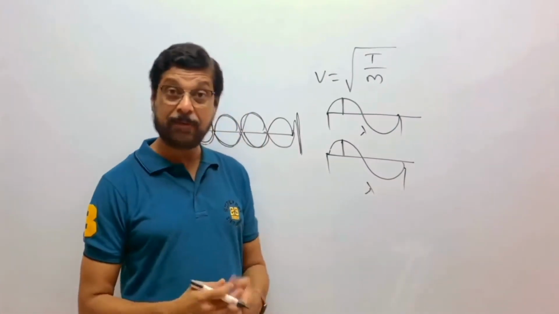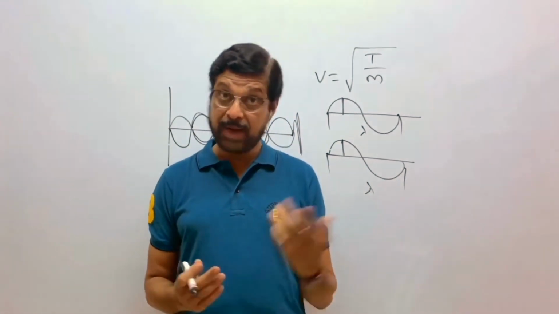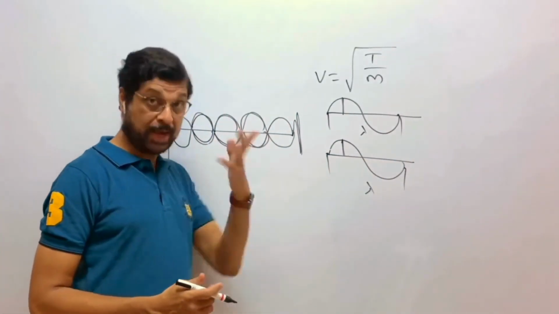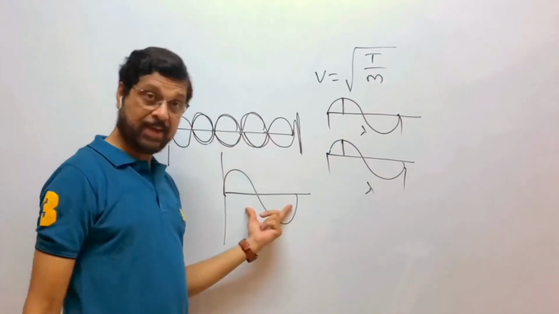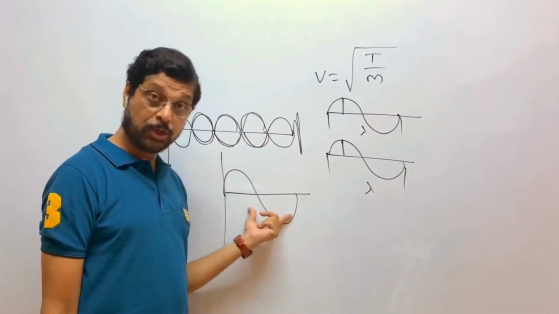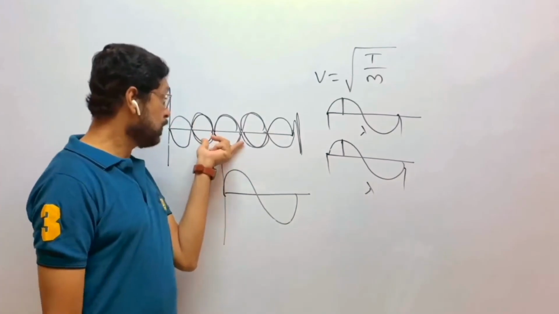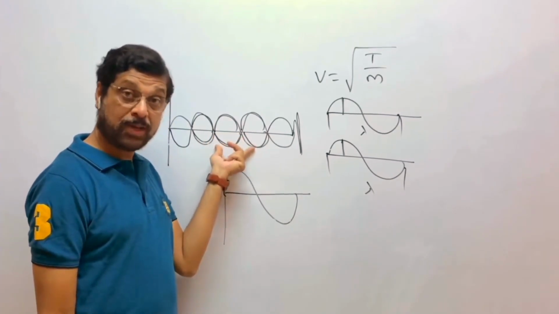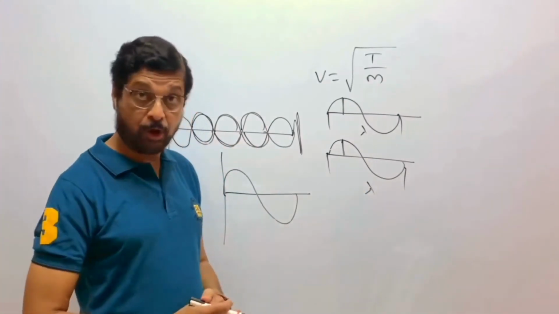Similarly, there can be a longitudinal stationary wave, a sound wave, but the longitudinal wave can also be represented in this manner. We have seen that when we draw a wave like this, it may be a transverse wave or it may be a longitudinal wave. Both are represented like this. We showed the transverse wave on a string, and the same diagram can be drawn for a longitudinal wave also.